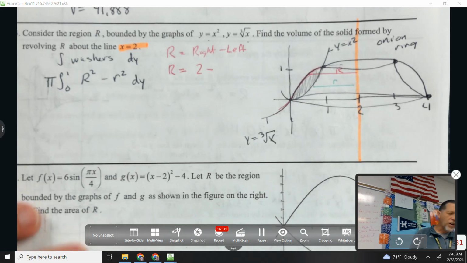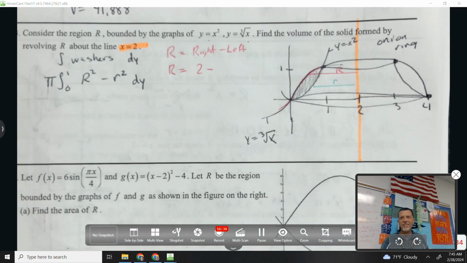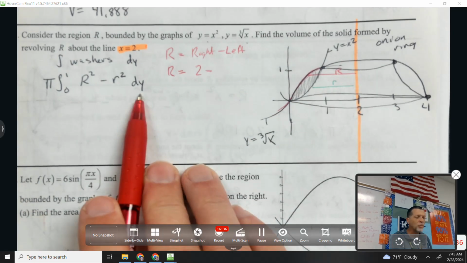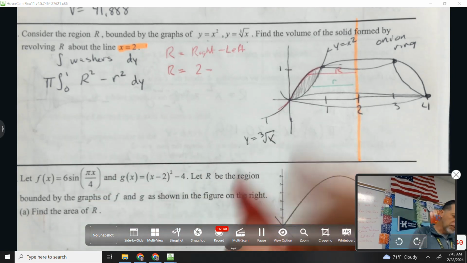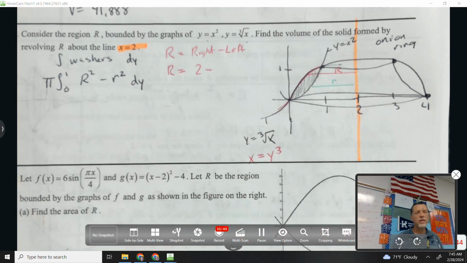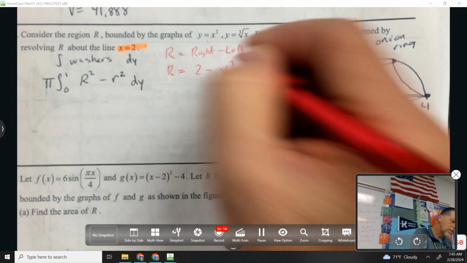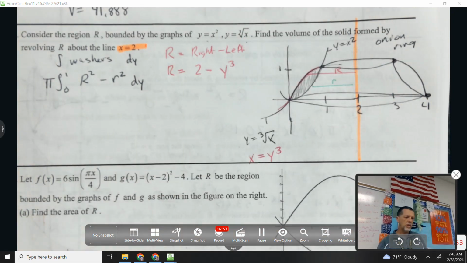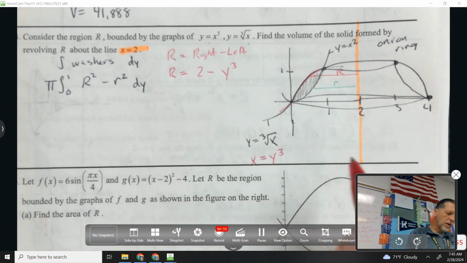It's okay, here's where we have to be careful. It is the cube root of x, but I have to get it in terms of y. So it's y cubed. If I cube both sides, it's y cubed. So you have to locate the right equation, but then put it in terms of y. So y cubed. Okay, so 2 minus y cubed.